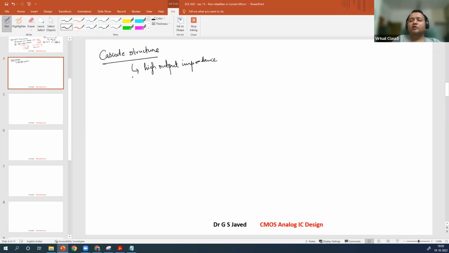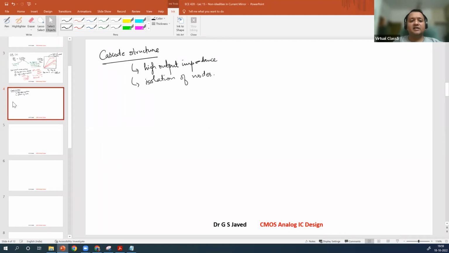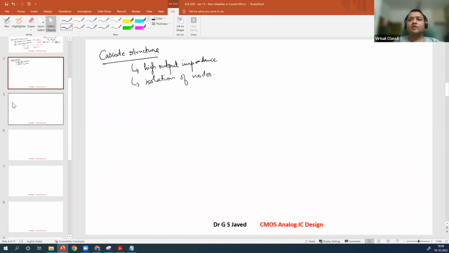And along with high output impedance, it was able to provide isolation of nodes, right? Now we can use this trick and see how we can utilize the cascode structure to answer the two problems given in the previous slide.